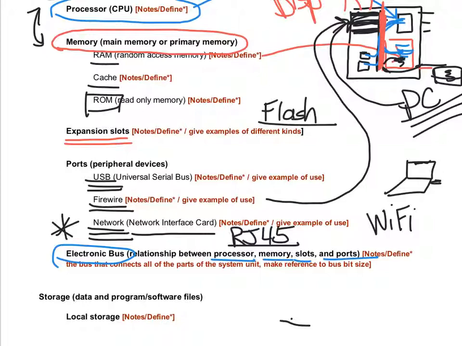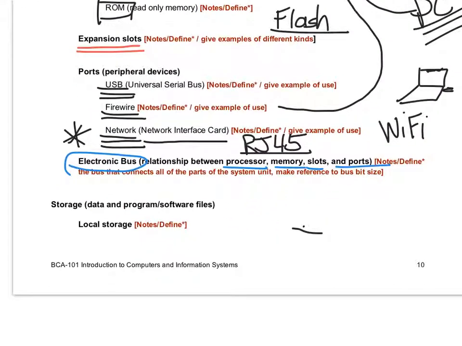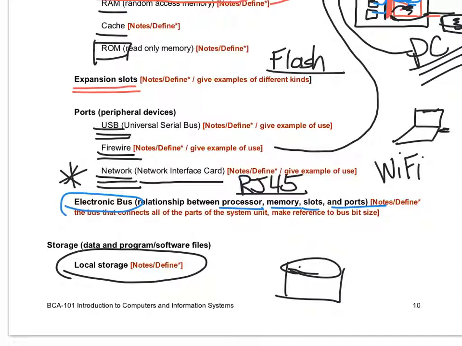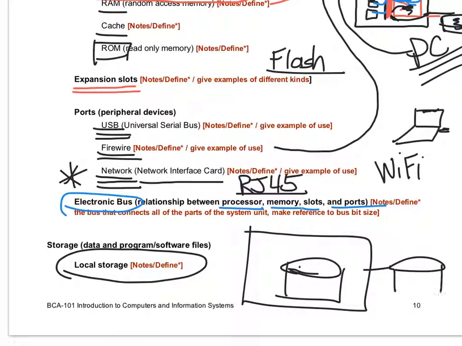Storage. This is a little bit of review. Local storage, typically somewhere near the device, like connected to the device. For example, you could have a hard drive in the box, like in the laptop, or you may connect a hard drive to the machine.